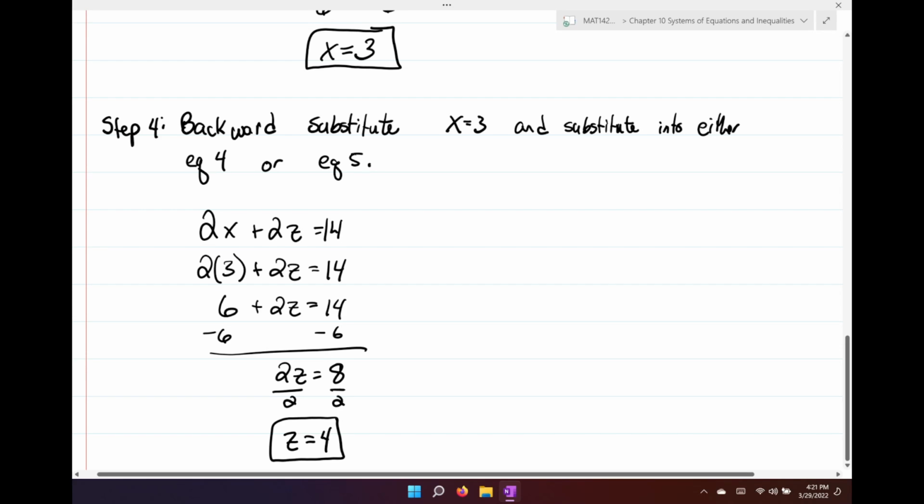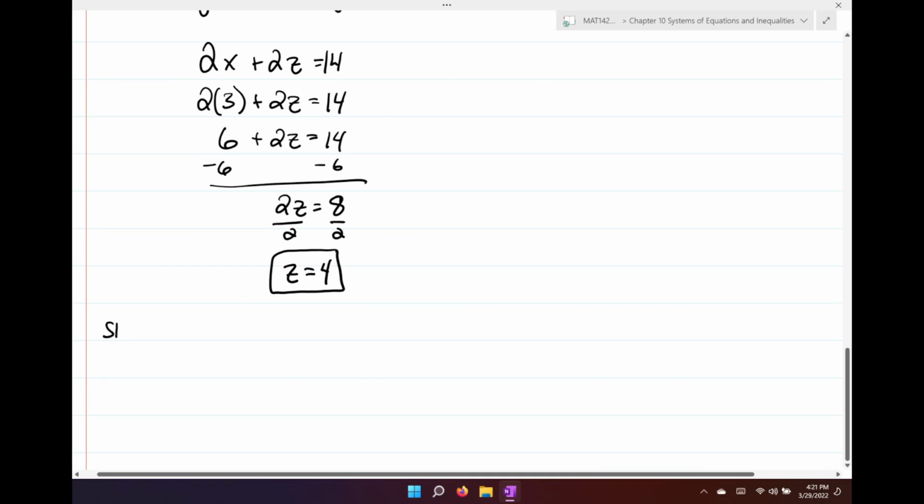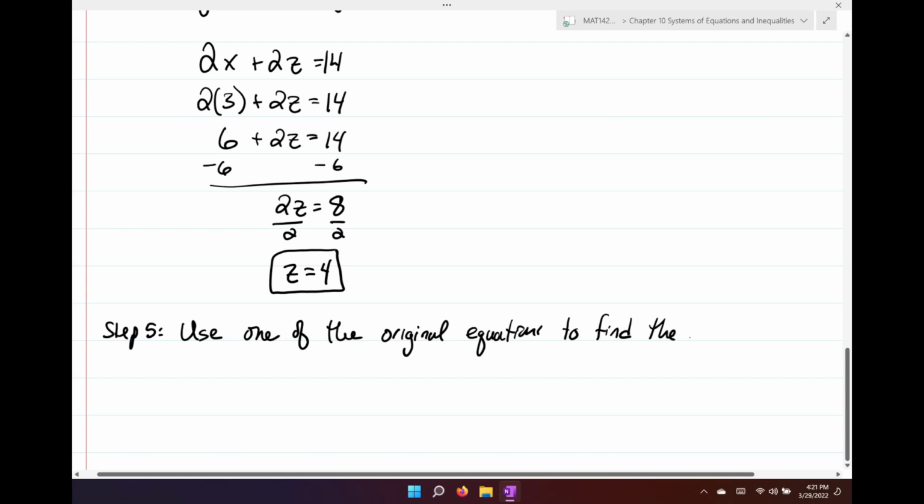So now I know what x is. I know what z is. Our final step is to use one of the original equations to find the missing variable.